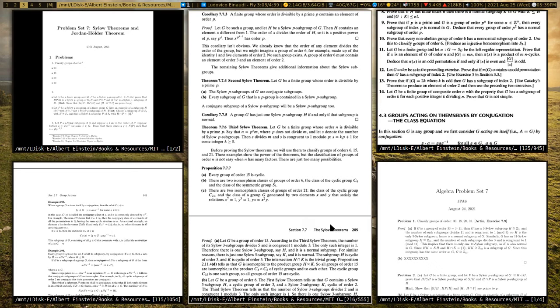The number of 3 subgroups has to divide 2, and it's got to be congruent to 1 mod 3.